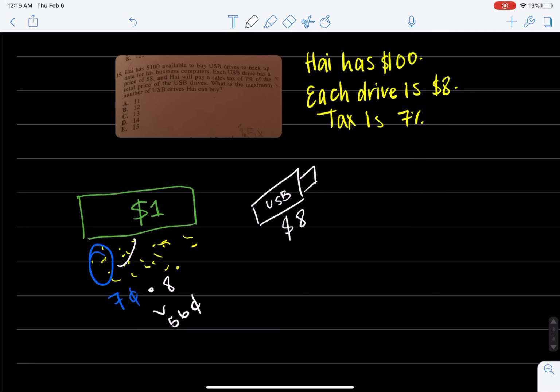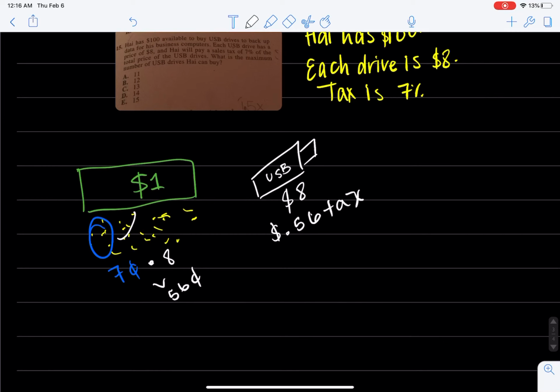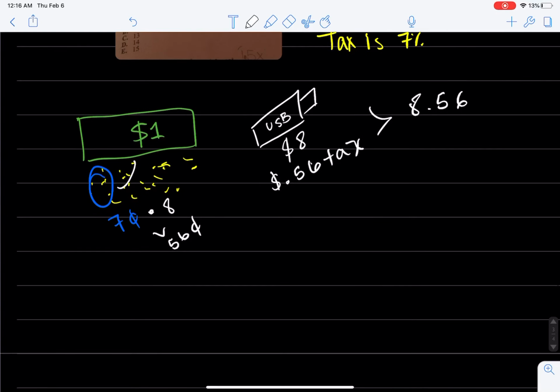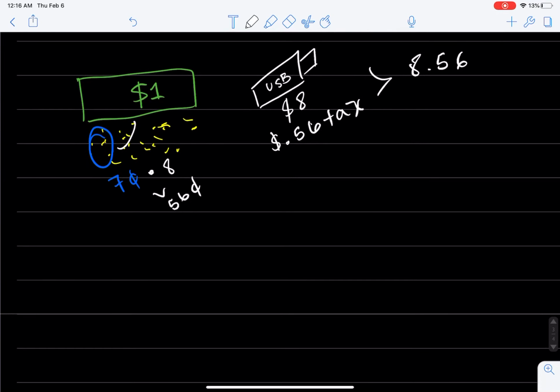Therefore, each one of these has 56 cents of tax. Alright, great to know. That means each one costs $8.56. Now, the real question is, how many times does $8.56 fit into 100?